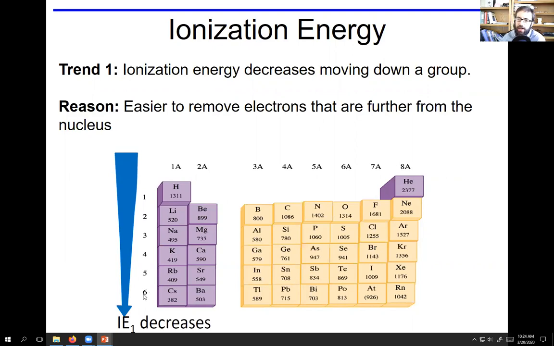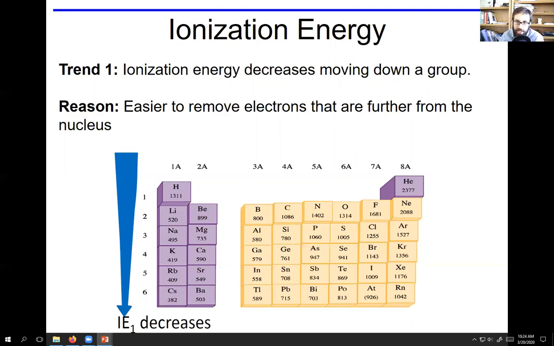And why is this? This is because it's easier to remove electrons that are further from the nucleus. So think about cesium: you're removing an electron to form cesium plus, but that valence electron is in a 6s orbital. The 6s orbital is very big, so most of the time that electron is pretty far away from the positive charge of the nucleus.